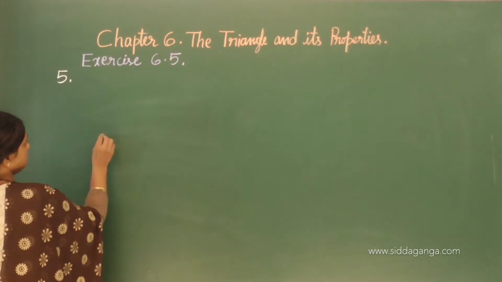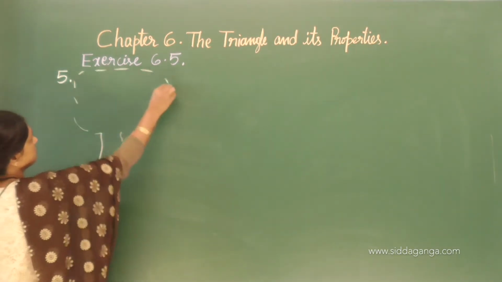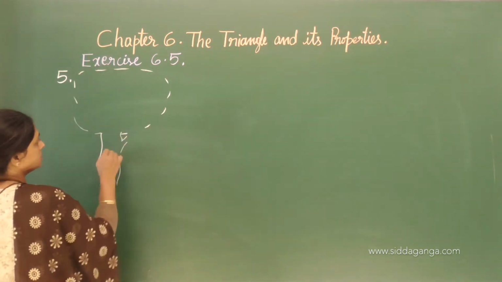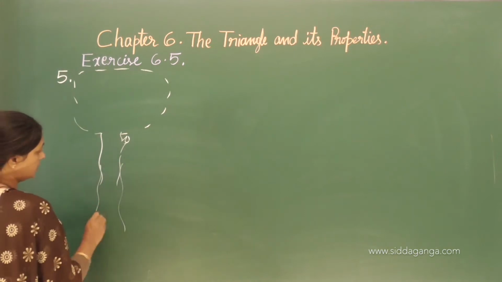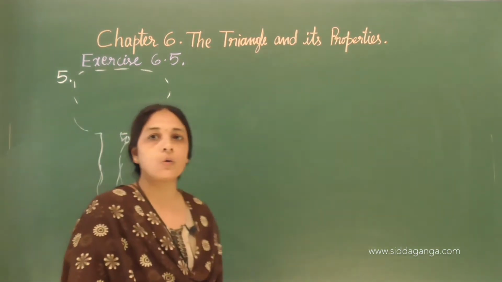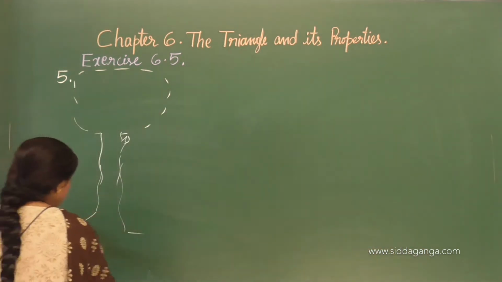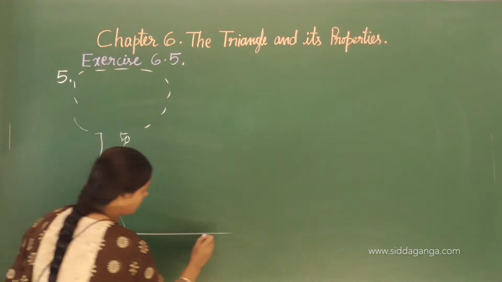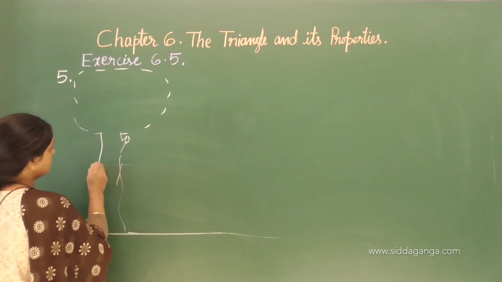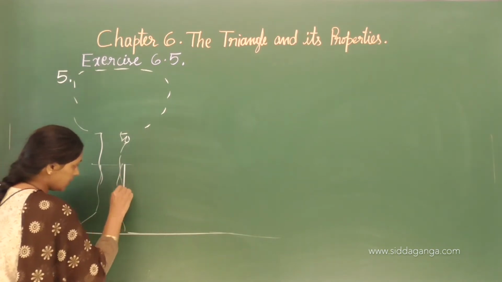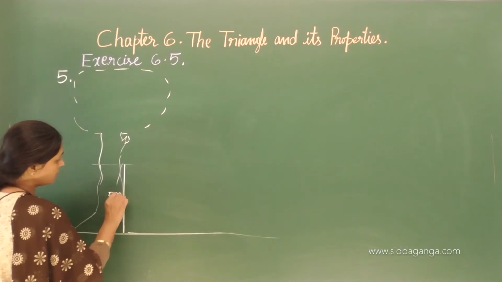Okay, so let's draw a tree. Given that it has broken at a height of 5 meters from the ground. Let's consider this as the ground, then it has broken at this height. So take this height as 5 meters.